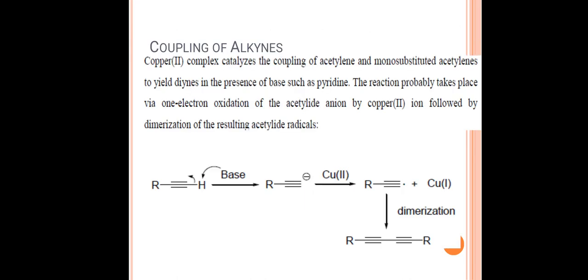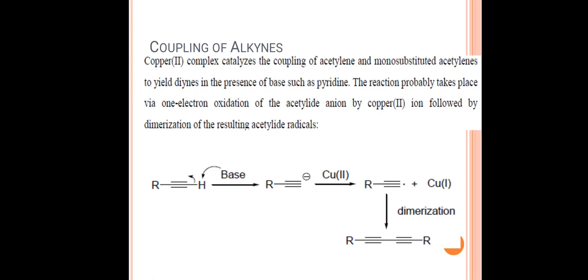Then coupling of alkynes takes place in the presence of a copper(II) complex, which catalyzes the coupling of acetylene and monosubstituted acetylenes to yield the diynes in the presence of a base such as pyridine. The reaction probably takes place via one electron oxidation of the acetylide anion by the copper(II) ion, followed by the dimerization of the resulting acetylide radical.